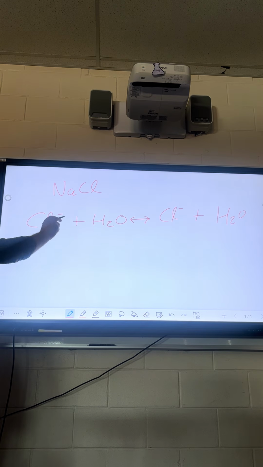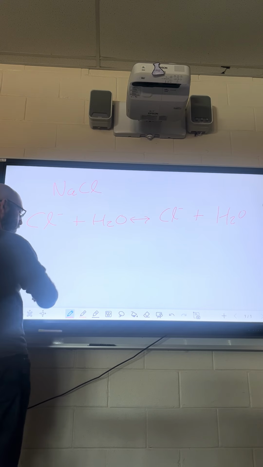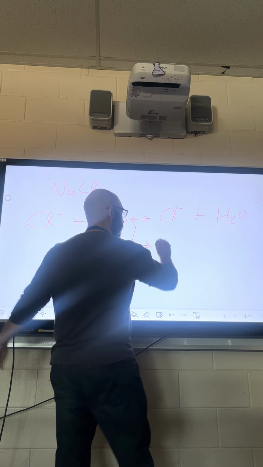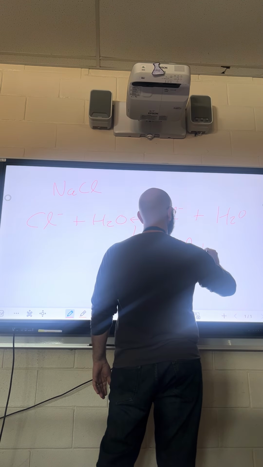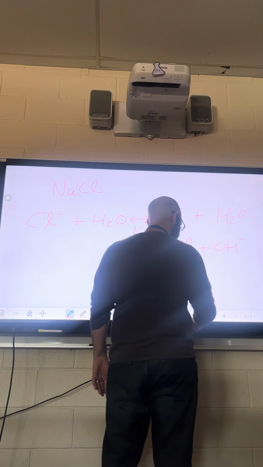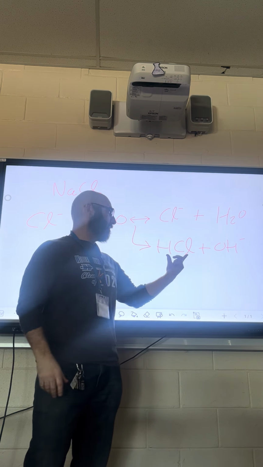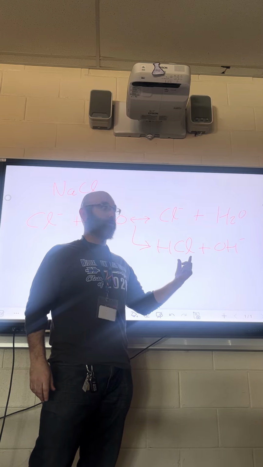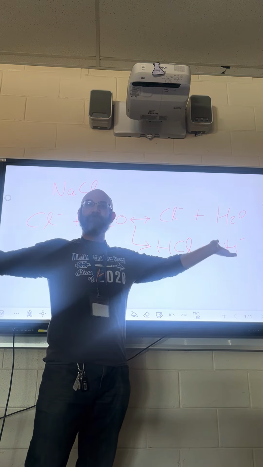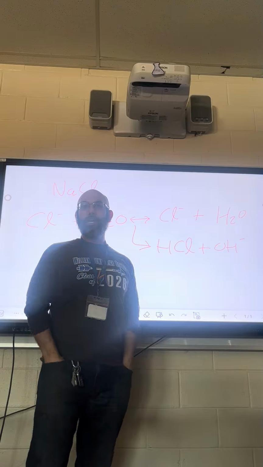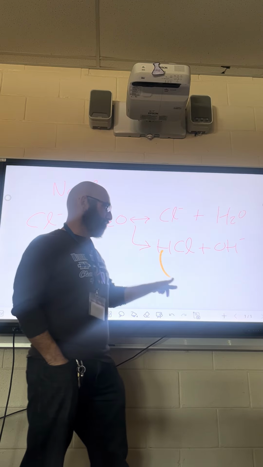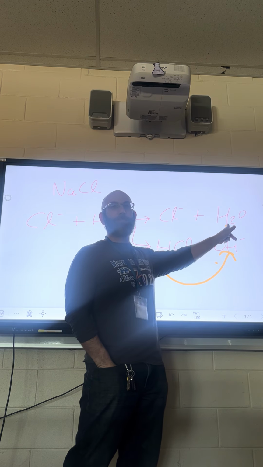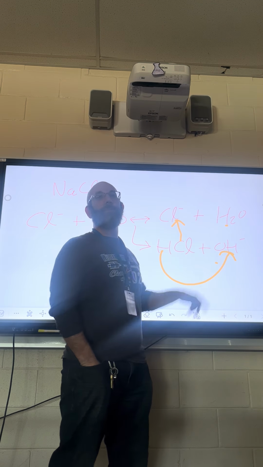See, so if it steals it, I'm going to get this, right? Let's say this stole it. No, right? So I'm going to put it down here. If it stole it, I would get this. What type of acid is this? As soon as it comes together, it's immediately going to fall back apart again. And if it falls apart, this H plus goes right back to there, and this goes back to that.